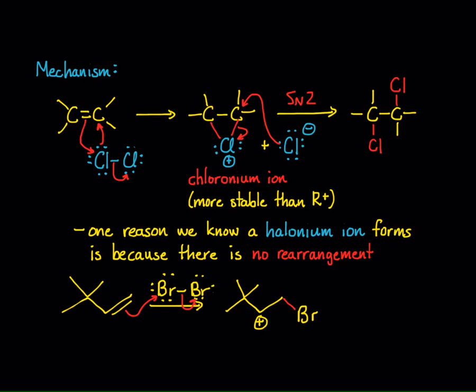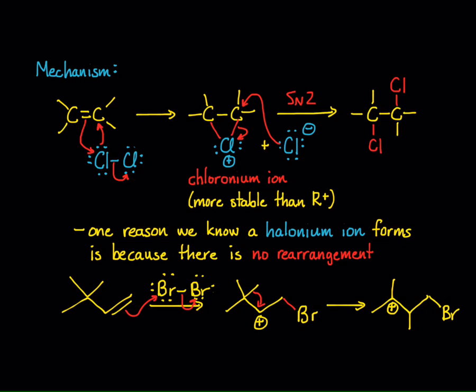When you have a carbocation that forms, you always have to think about rearrangements because they often occur. And if this carbocation were forming a secondary carbocation with a quaternary carbon, I would definitely get a methyl shift occurring, right?